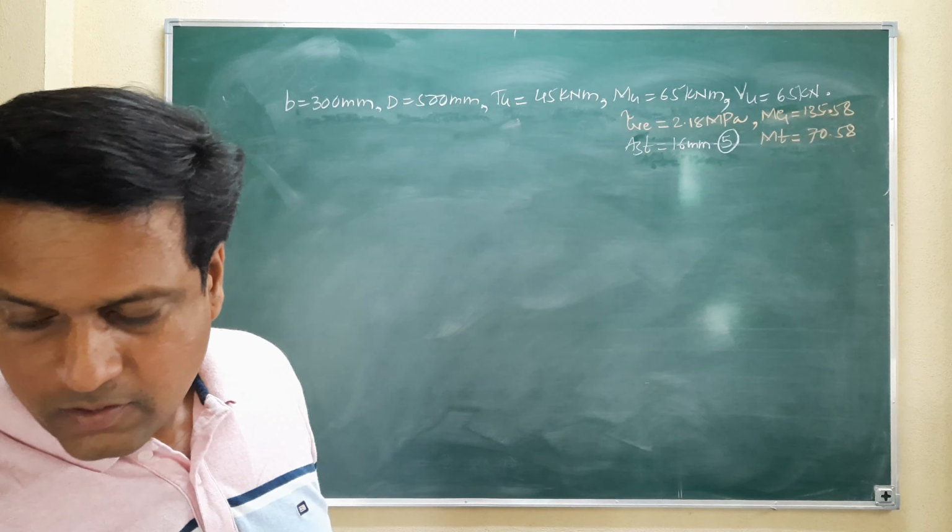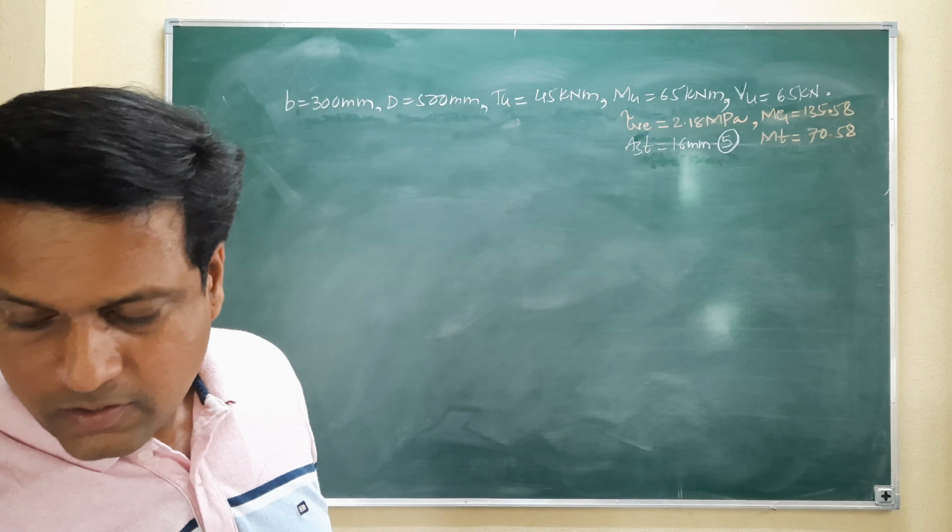We have the value MT is 70.58, and MU is 65. So MT exceeds MU, so compression steel is required.